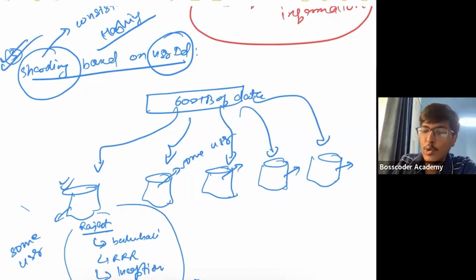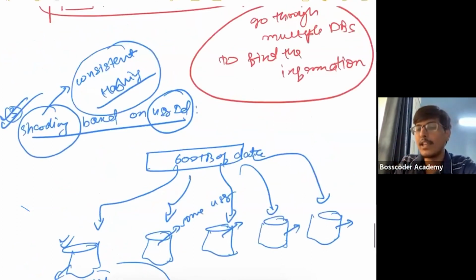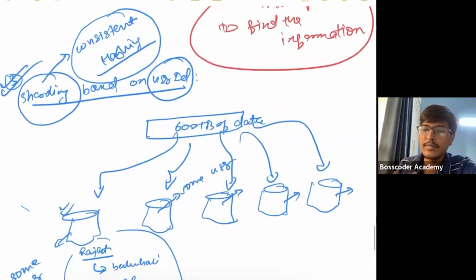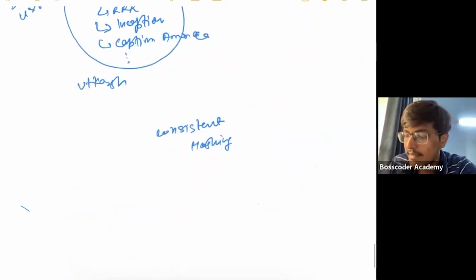Yes, Vijit, you are right. That is what consistent hashing will take care of. Consistent hashing will take the user ID and tell you in which database your data is stored. How do you know which database? Consistent hashing is the algorithm that takes care of it. How does it work? I will not be able to tell you in this class because it's a 45-minute topic.